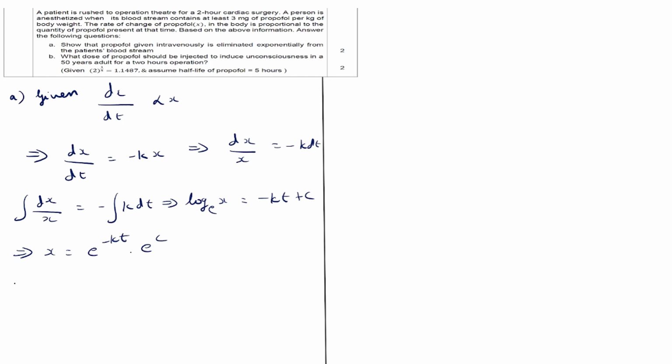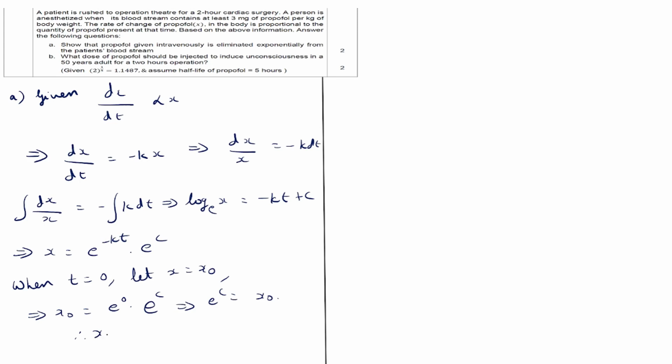Now let us take the initial amount of drug which is induced to be x naught. So when t equal to 0, let x equal to x naught. From this we get x naught equal to e raised to 0 into e raised to c, or e raised to c equal to x naught.